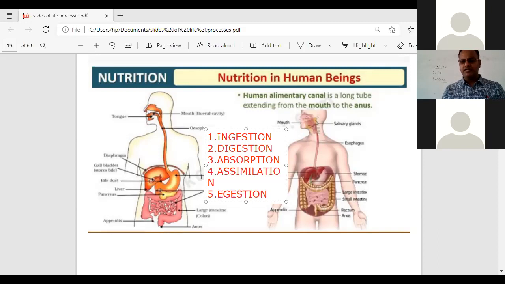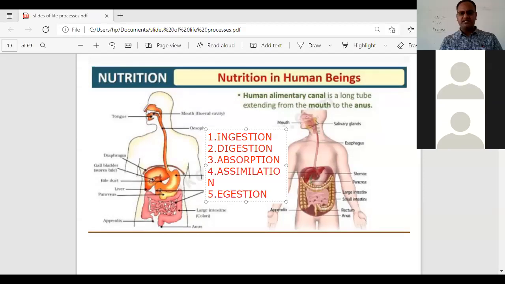Okay, Muskan, correct. And one thing I would like to ask here, students, chewing the food. If we are talking in technical terms, if we are chewing the food, what does this mean?